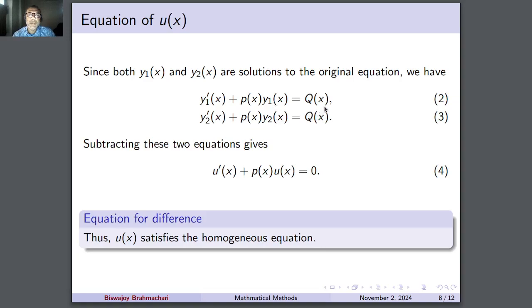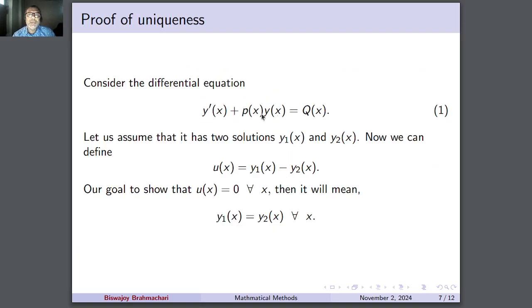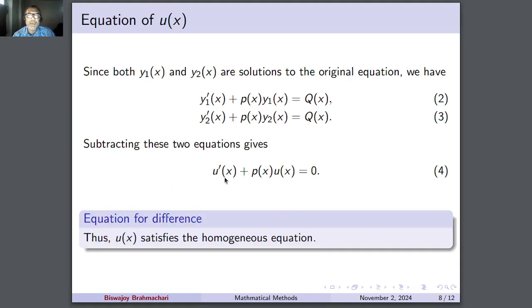Here we get 0. So we get u prime of x plus p of x u of x equal to 0. That means the difference, u of x, satisfies the homogeneous equation. So we started with a differential equation and the difference satisfies the homogeneous part of this differential equation.